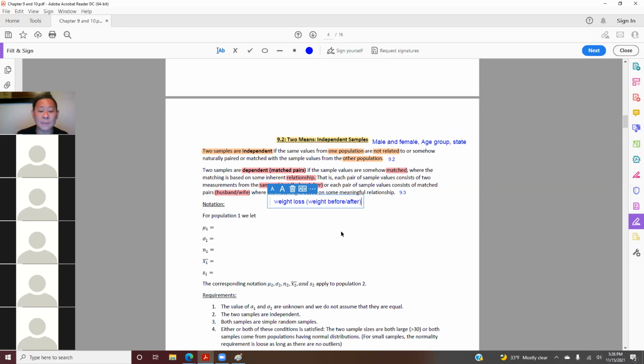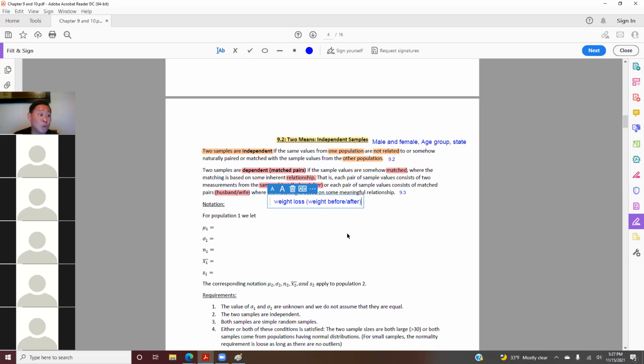Weight loss in this case means you want to lose weight, so you measure your weight before you do your diet and exercise, and then after 3 months of diet and exercise, you see you got a weight loss. So that is considered dependent. Anything that you measure before and after, like testing.